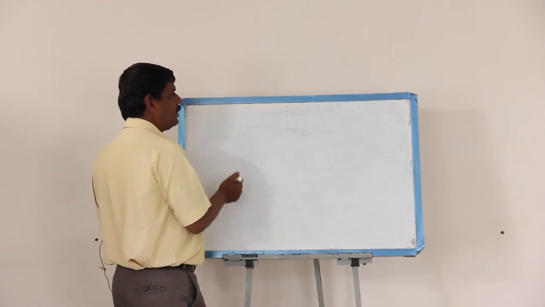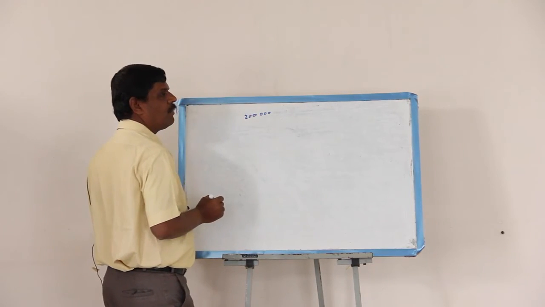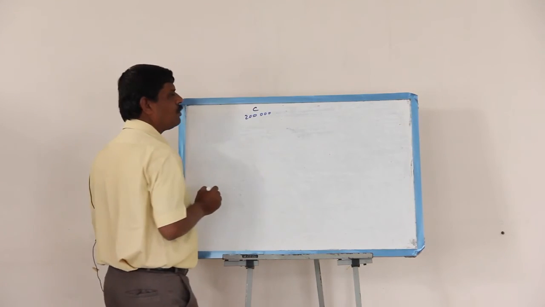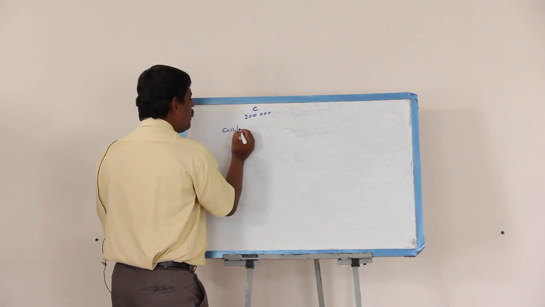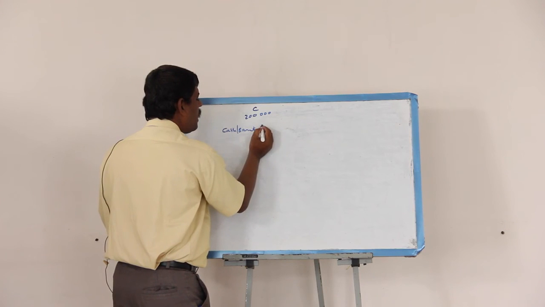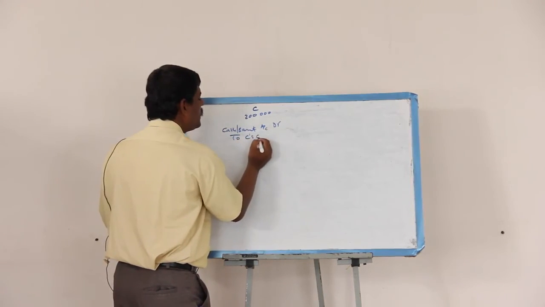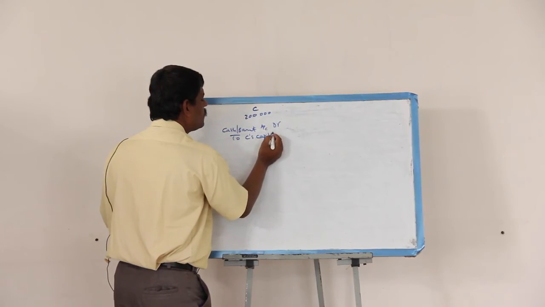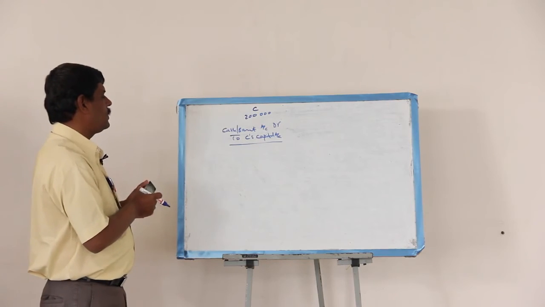Let's say the new partner C has brought 2 lakh rupees into the business as his share of capital. Entry: cash or bank account debit, to C's capital account. This is the entry we are supposed to write.